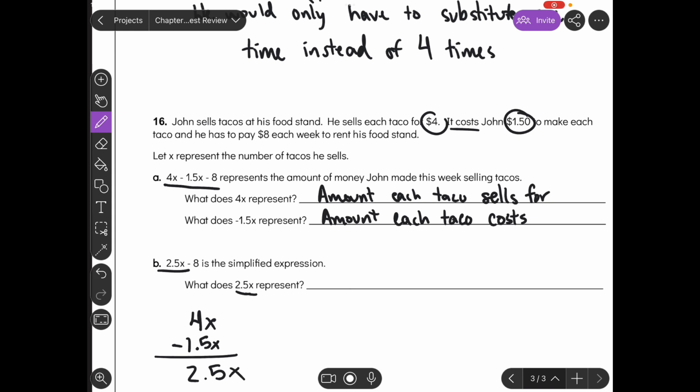This is going to represent the profit, aka the take home per taco. Right, so if he sells 2 tacos, he's going to get $5. If he sells 10 tacos, he's going to get $25.